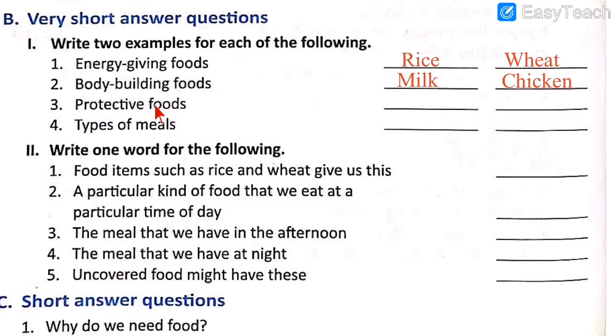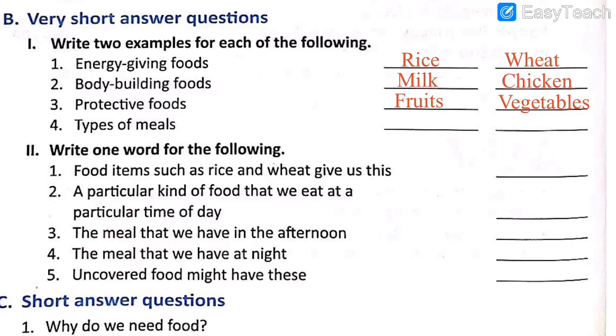Number 3, protective food. What are protective foods? Fruits, vegetables, nuts. They protect us from falling ill, and these food items are called protective foods. Let's write two examples over here. So these are the two examples: fruits, vegetables.